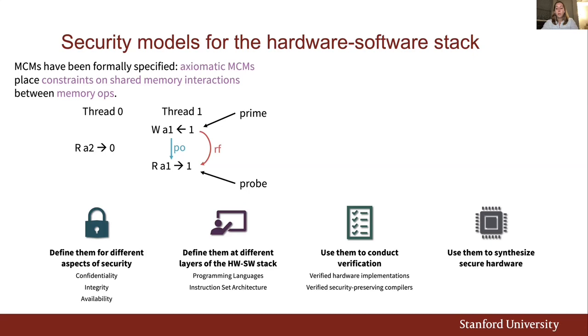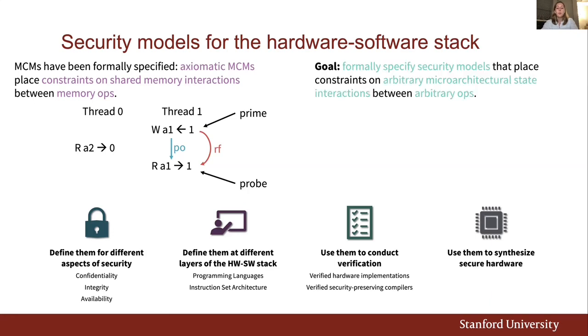For this program, memory model formalisms would establish a reads-from, denoted by the RF edge, relationship between the write of 1 to A1 and the read of 1 that returns the written value. However, there is no apparent interaction between thread 0 and thread 1 from only considering plausible memory consistency model interactions.